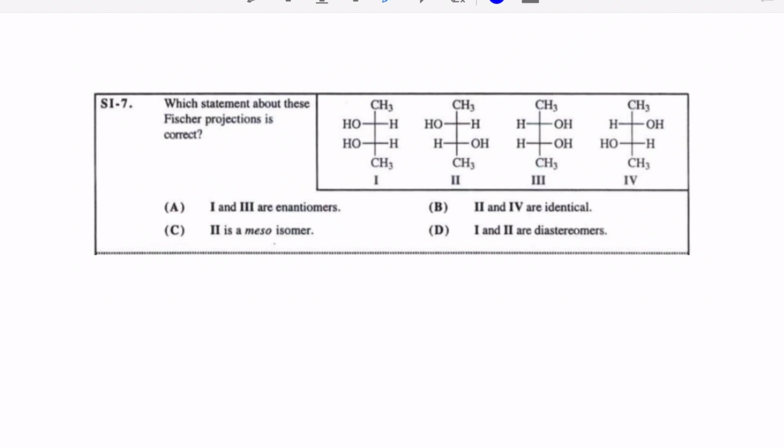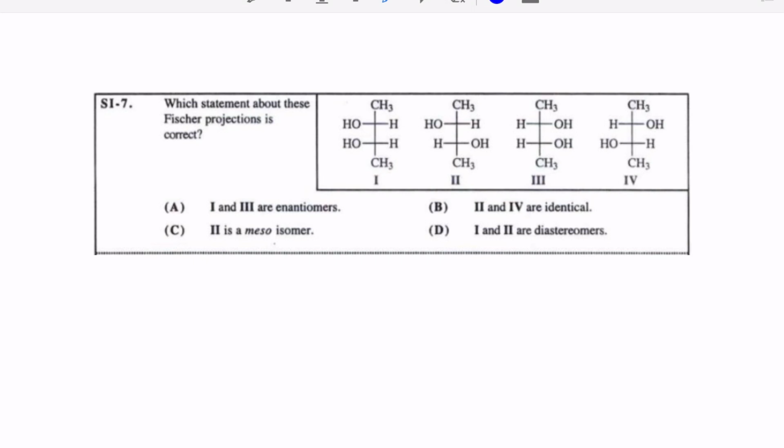For this problem, we're given 4 Fischer projections, and we're asked to evaluate a few statements about them and see whether or not they're true, and choose the statement that is correct. So for choice A, it tells us that projections 1 and 3 are enantiomers of each other.